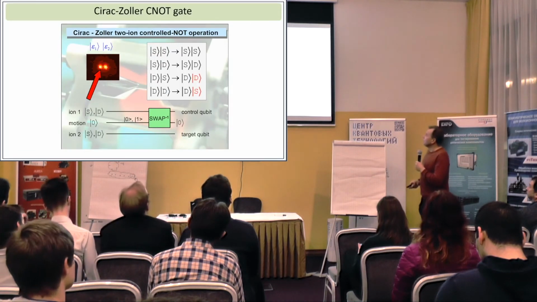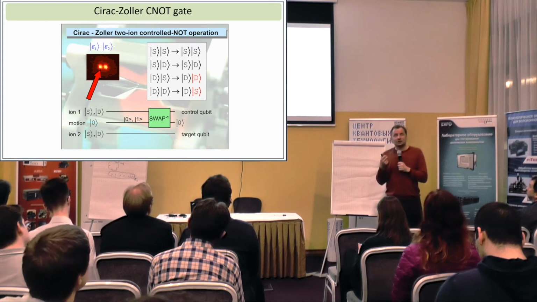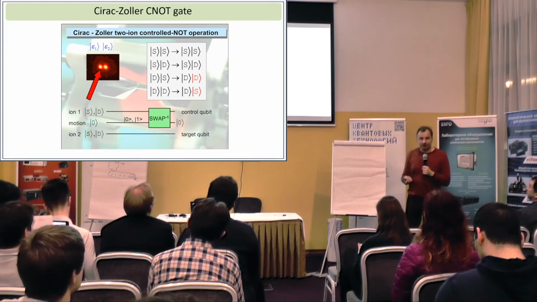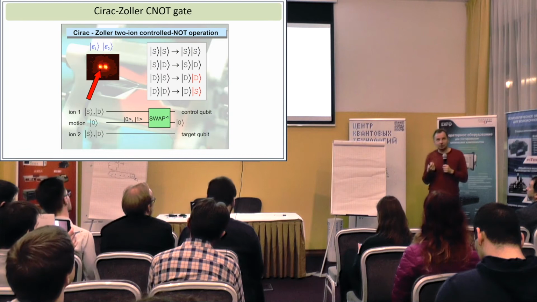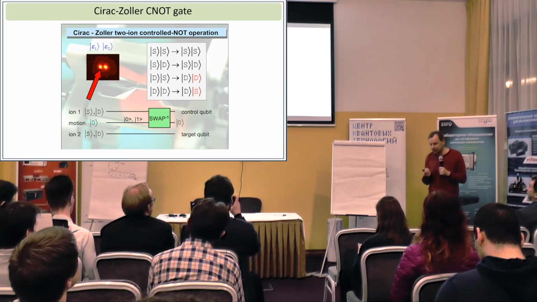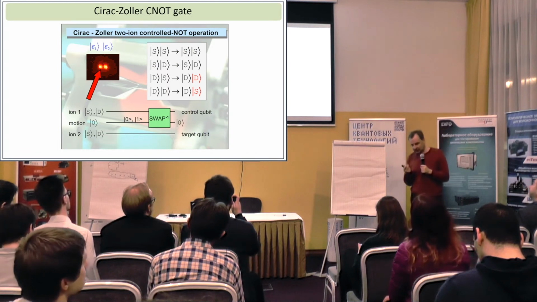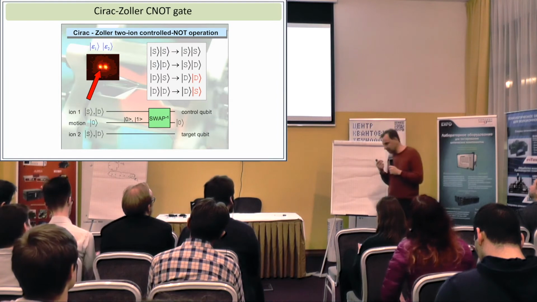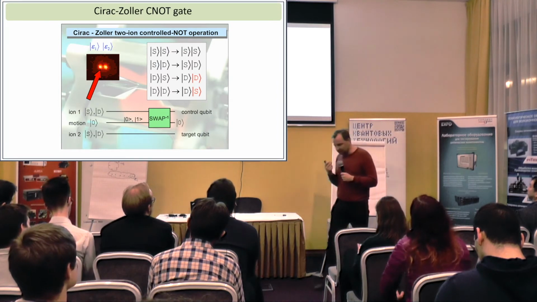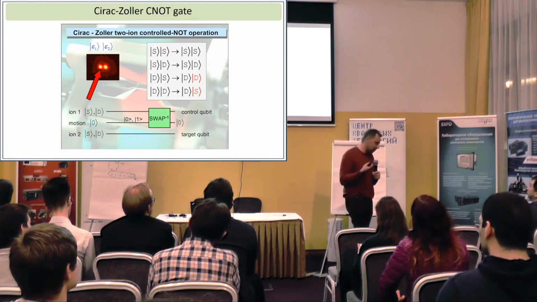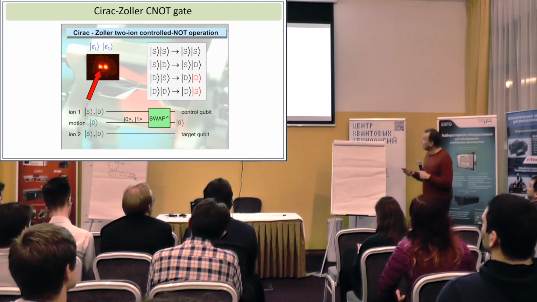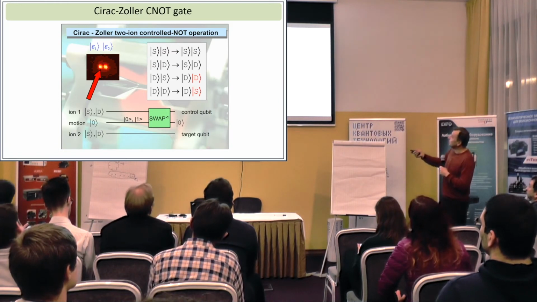Let's go into a bit more detail because this is a very good protocol for teaching. It's not implemented widely today because it's slow and needs cooling to the ground vibrational state, but it's very good to understand how it works. So we need two ions.